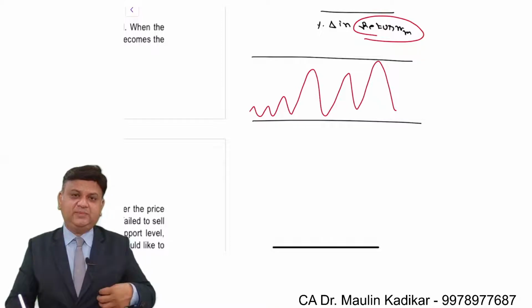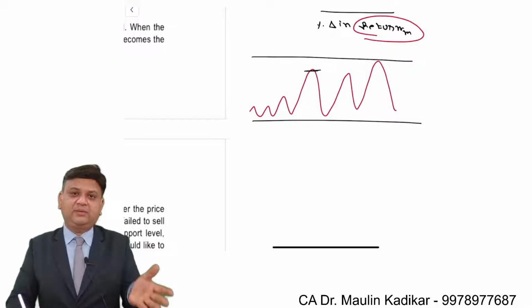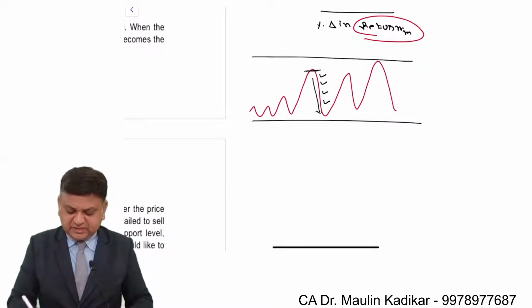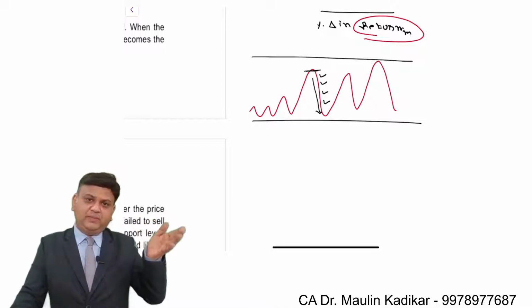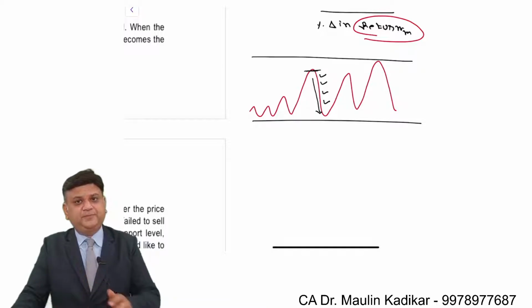We understand that basically, over here at this point of time, some bad news about the security comes into the market, and because of that the prices are falling down, falling down, falling down. By this time the market realizes that definitely this security is not so bad that its price should fall below this point.